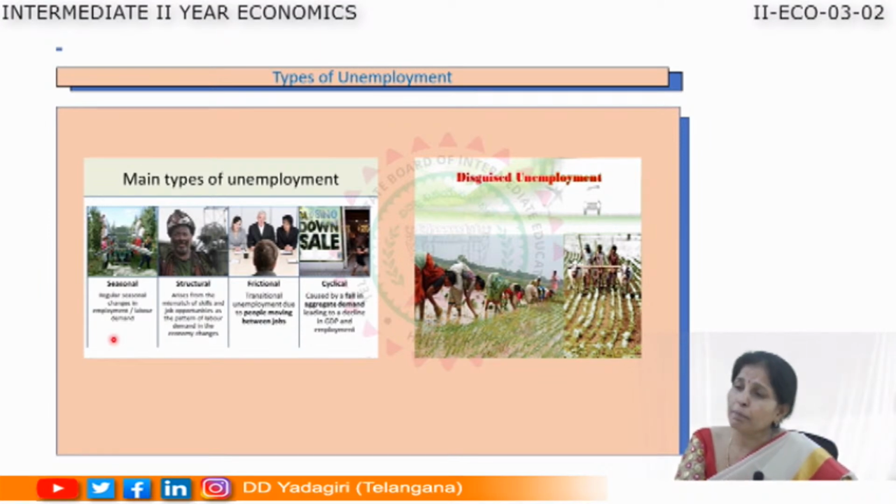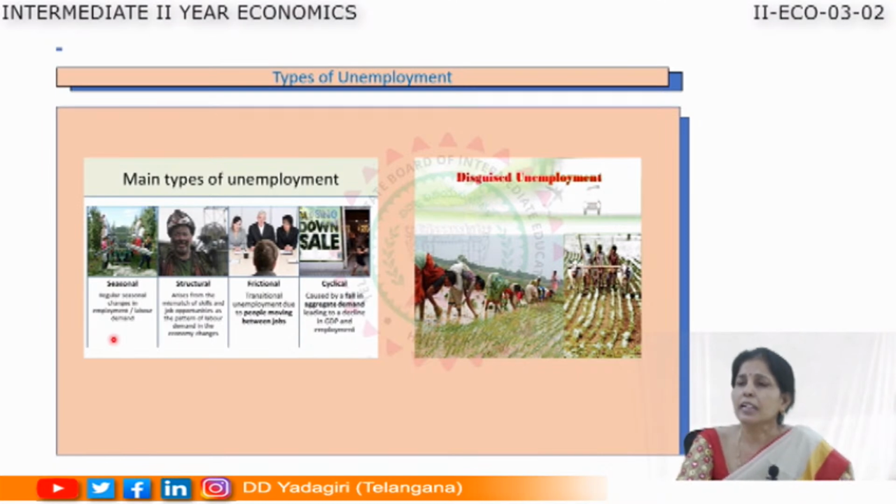The most important drawback is that the marginal productivity in disguised unemployment is zero. Generally, if you employ more people, that increases production. But here the marginal productivity remains zero. The contribution from the additional labor is zero.